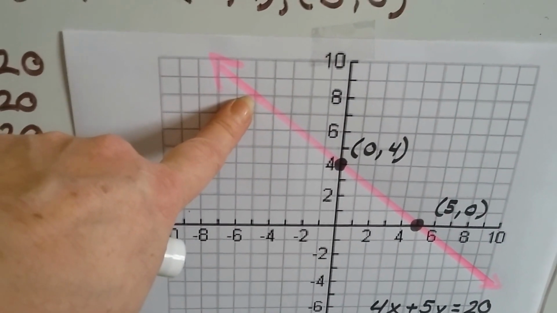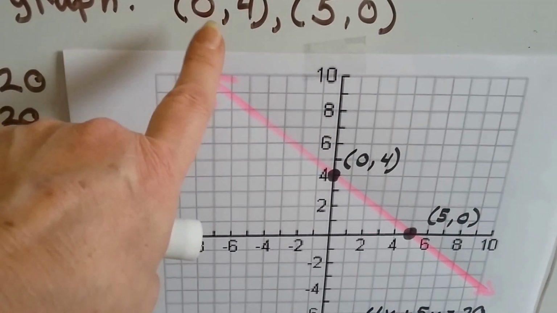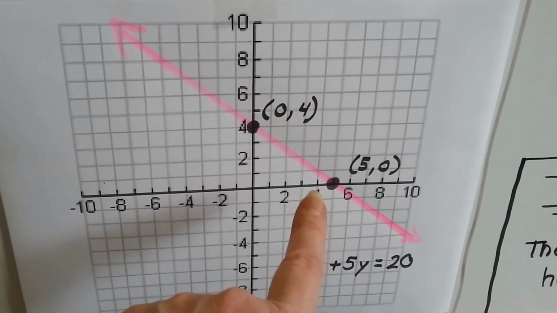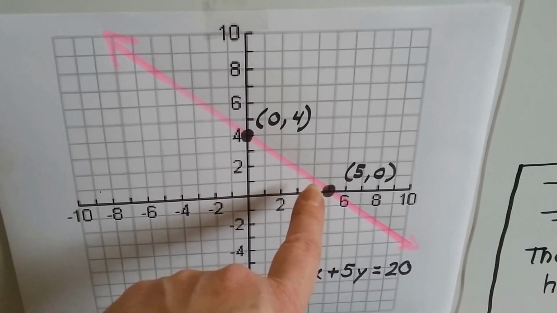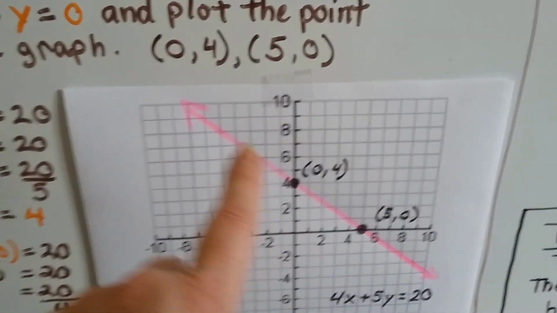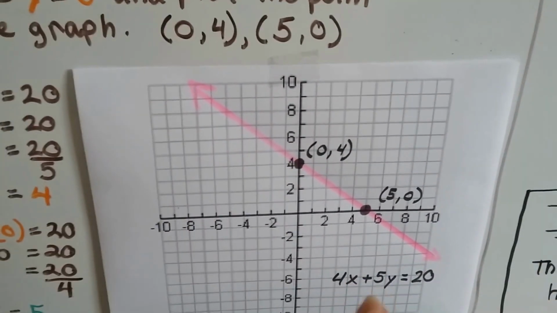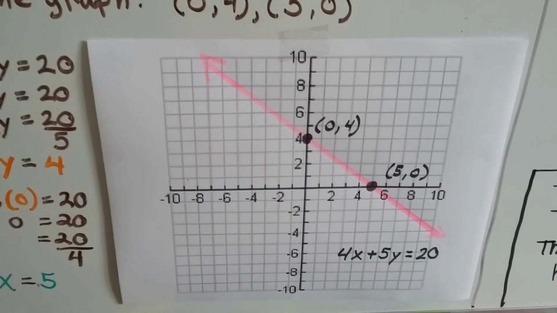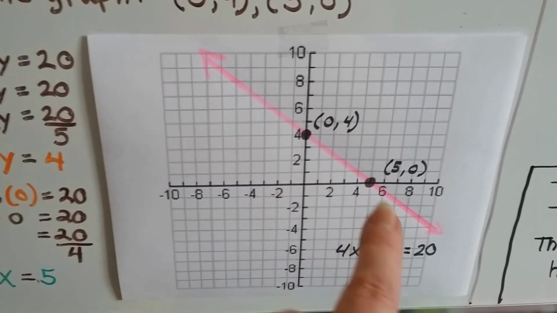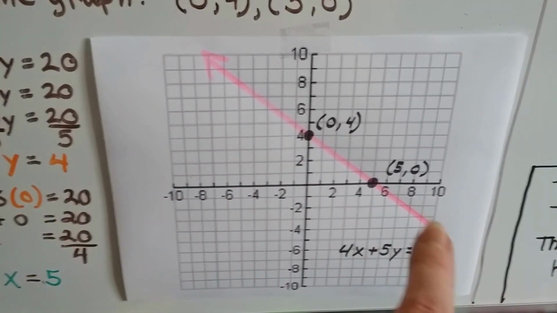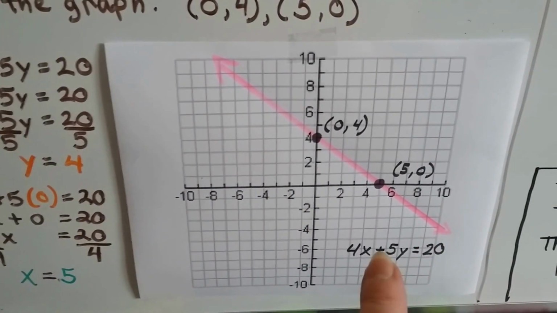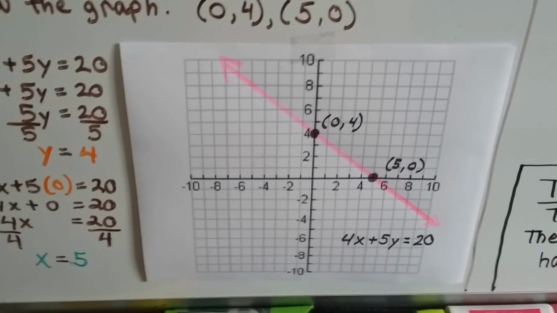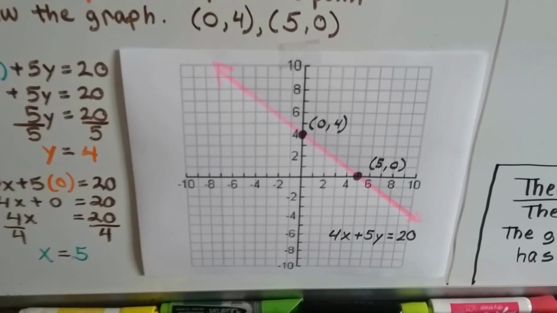We could use (5, 8) as one coordinate for like that one. And then we could find another coordinate like (4, 1) for that one, and then we could draw the line. And those would be solutions to that equation. Every single point on this line would be ordered pairs that would satisfy that equation, okay? Even little tiny decimal ones and fraction ones, okay?